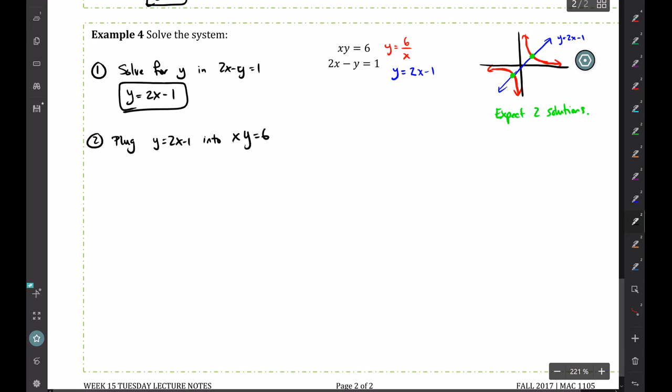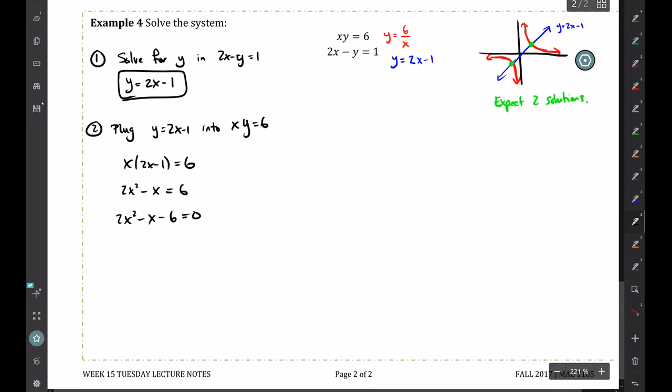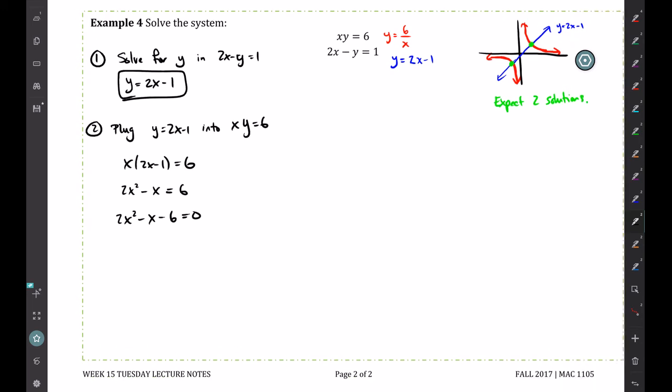Well, when I do that, I get x times 2x minus 1 equals 6, which would be 2x squared minus x equals 6. And I should probably subtract 6 over, so I'll get 2x squared minus x minus 6 equals 0.